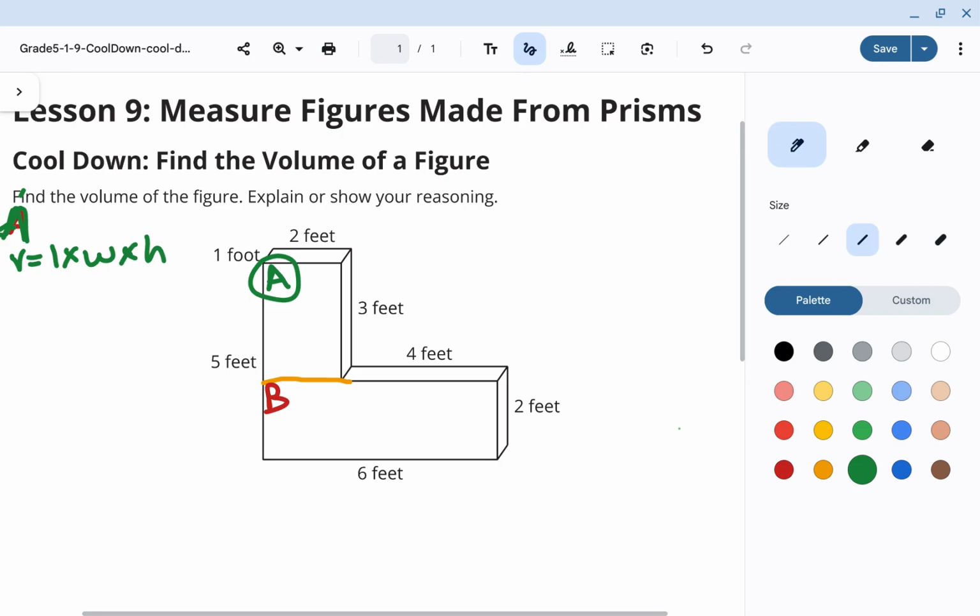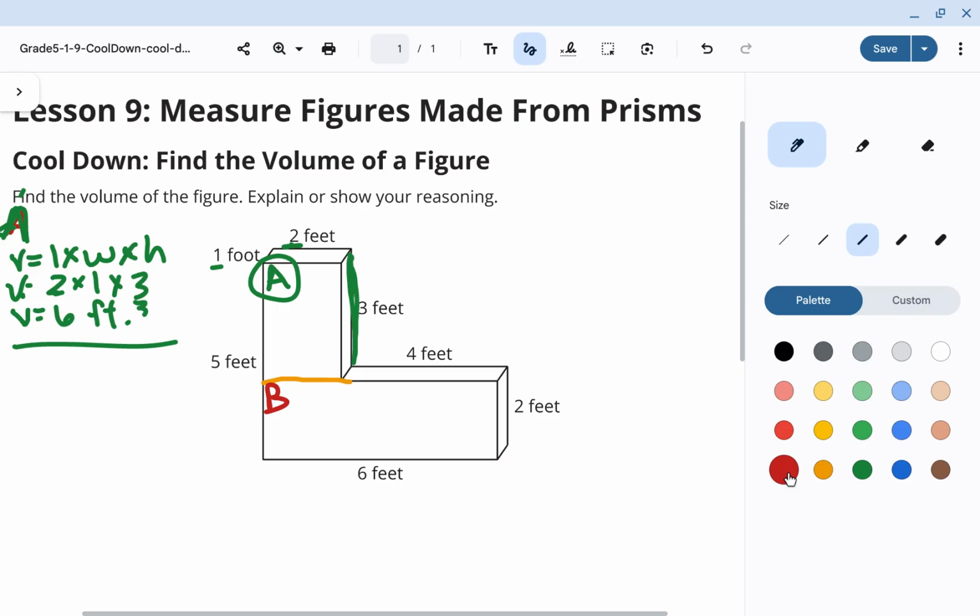Now I do see that it has a length and a width of 2 and 1, which was similar to the strategy that we've already gone over, but I noticed that the height is different here. I'm only using this much of the 5 feet that we see all the way to the left of our object, so we're going to be multiplying it by a height of 3. Now 2 times 1 times 3 gives us 6, and that is going to be 6 cubic feet.